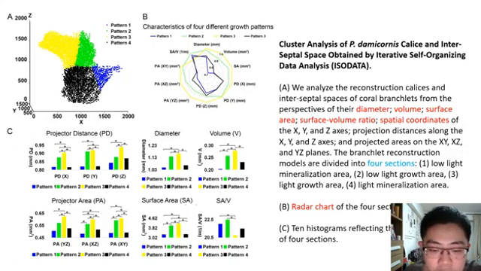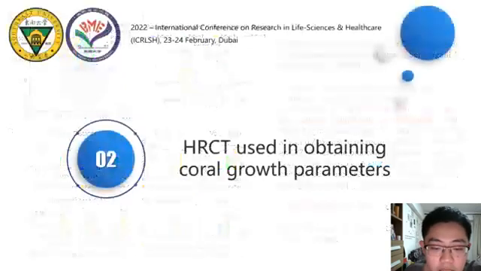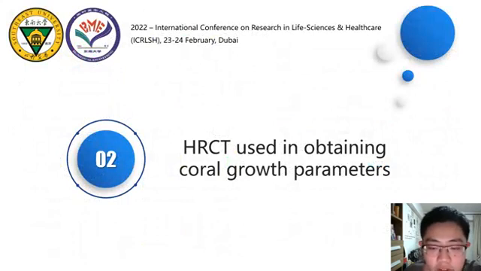The measurements in the calice reconstructions show the apparent differences between light areas and low light areas. To sum up, the three-dimensional morphological reconstructions on the calice and inter-colonies reveal a method of studying the biological characteristics and growth patterns of reef-building coral species.